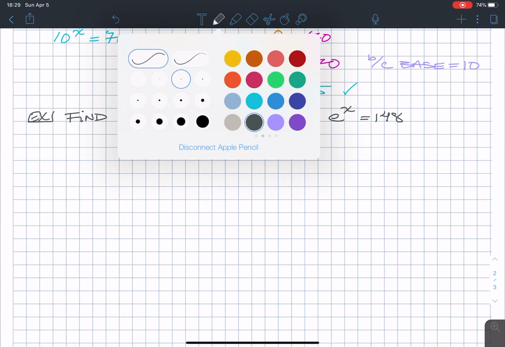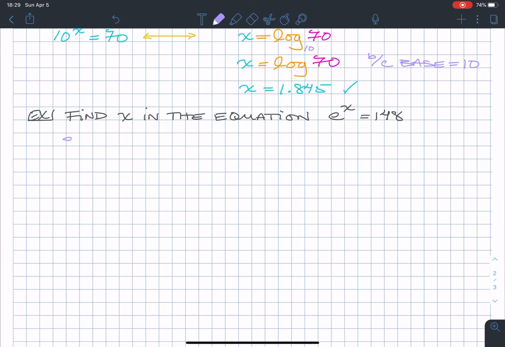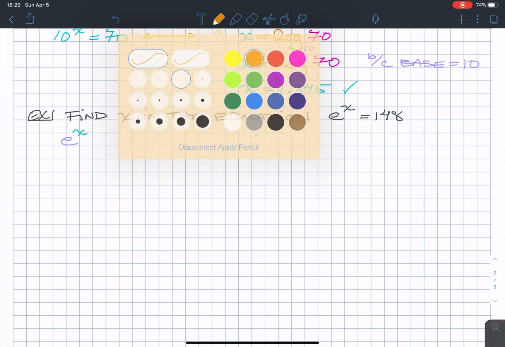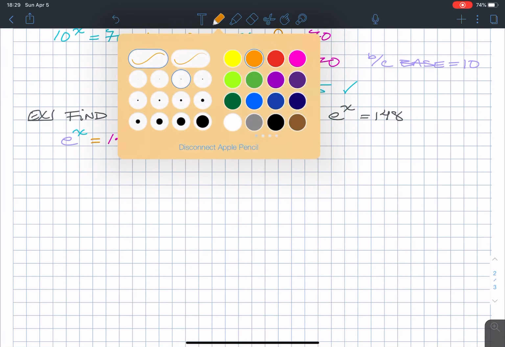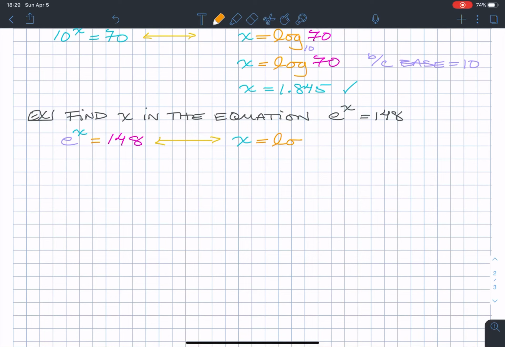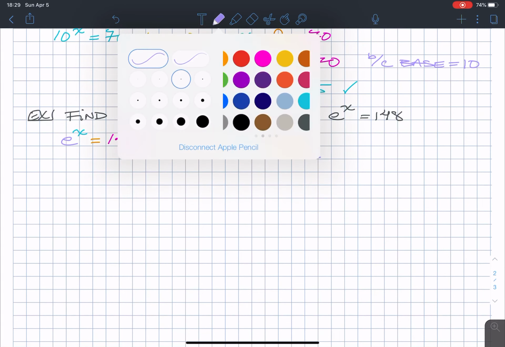Okay, so let's start with that equation. e to the x is equal to 148. Because I know I can rewrite this in an equivalent logarithmic form. x is equal to log base e of 148.